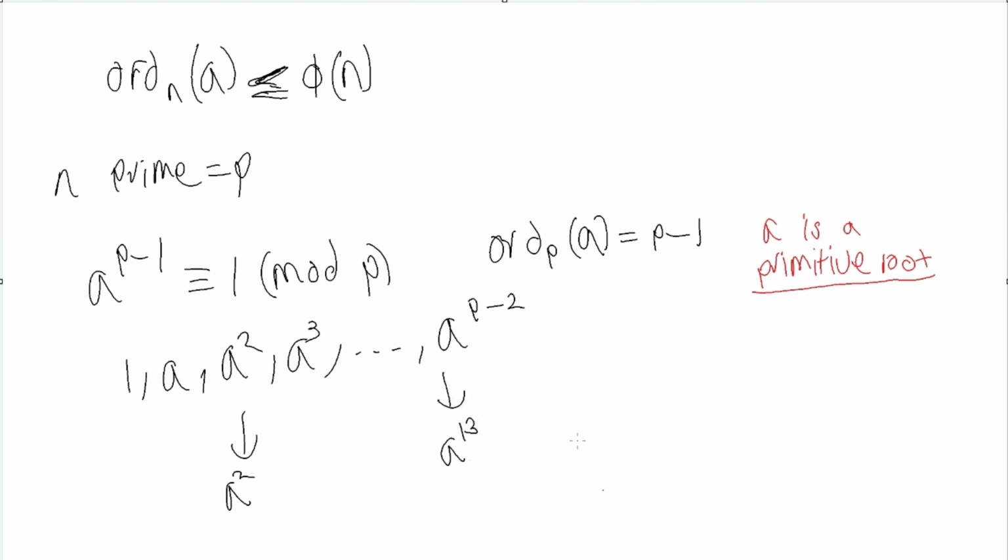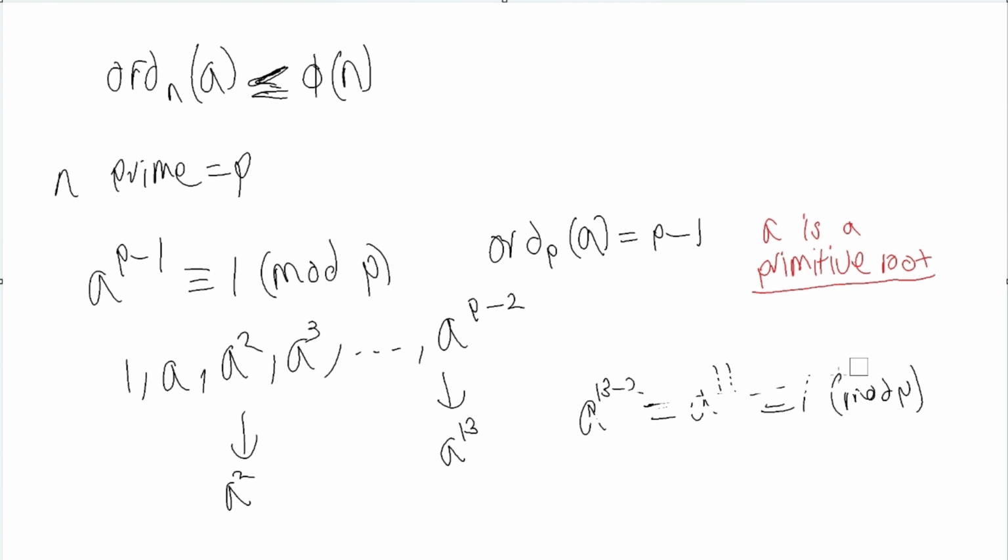Then that means that when we divide a to the 13 by a squared, this is a to the 13 minus 2, which is a to the 11. It's equivalent to 1 mod p. But because 11 is also in this list, this means that we found a smaller number for which a to the n is equivalent to 1 mod p. And that contradicts the fact that this is a primitive root. So therefore, we can't repeat any element at all.